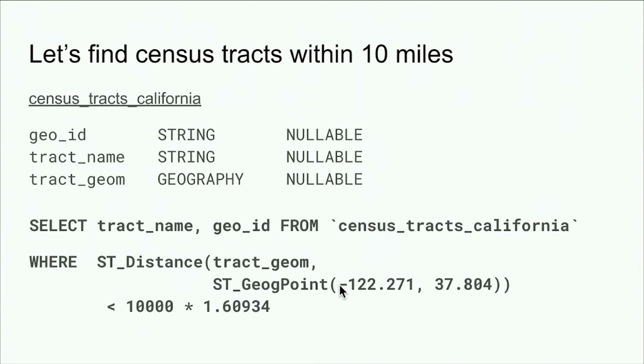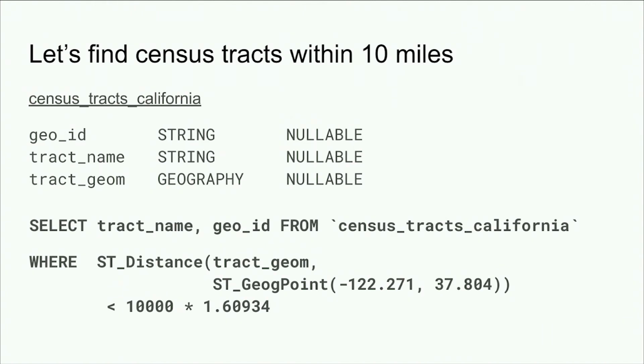One thing to note is the argument of the geography point. In the geography world, you usually pass latitude first and longitude second. In most SQL systems, you pass longitude first because that's your x coordinate.